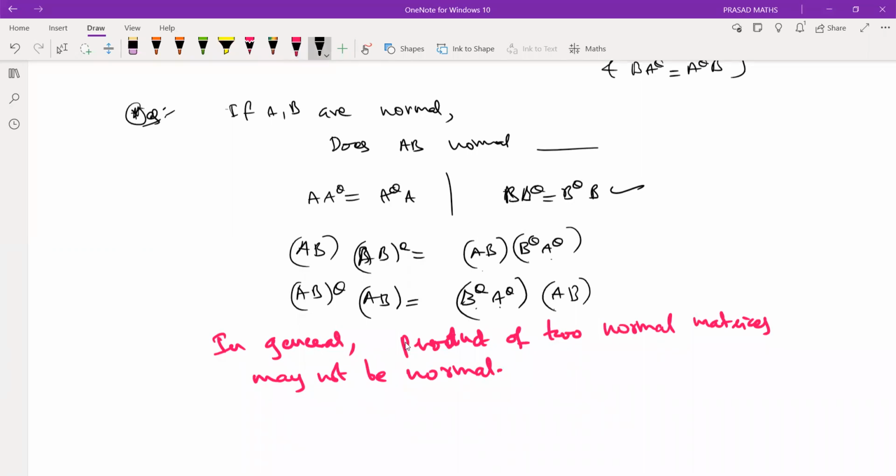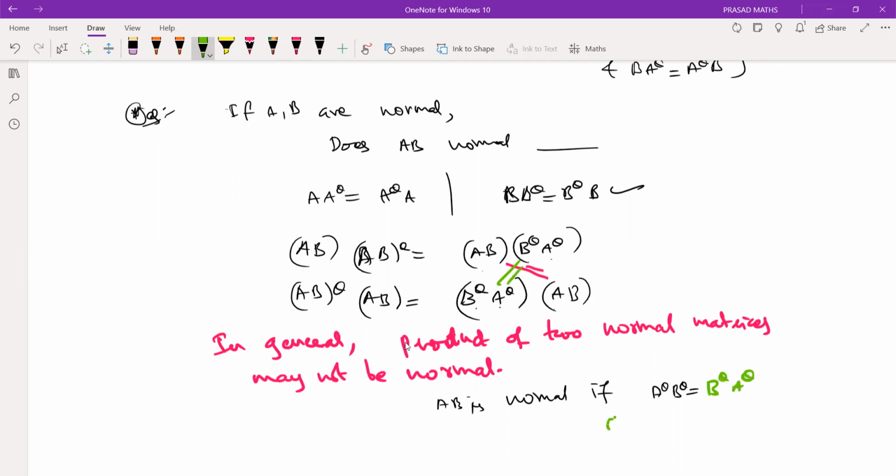So AB is normal if you provide A theta B theta equals B theta A theta. That means the first and last are the same, and already you know these two are equal.